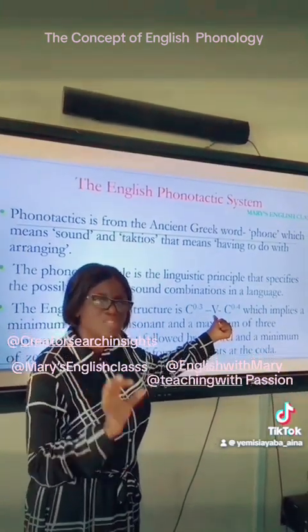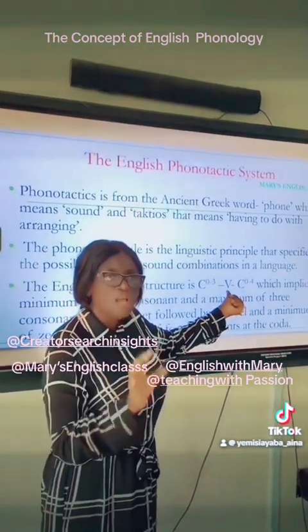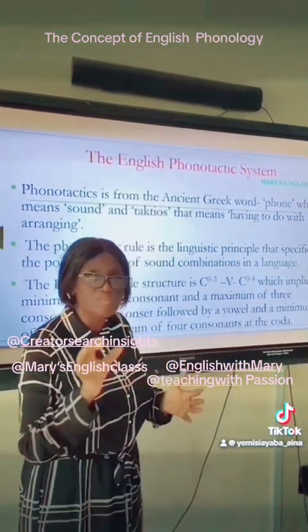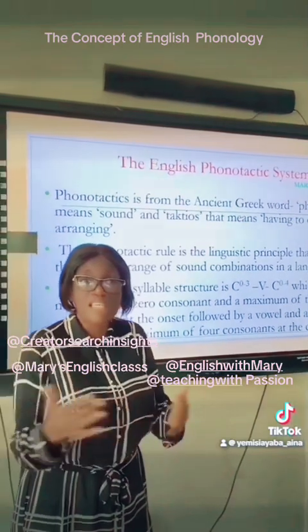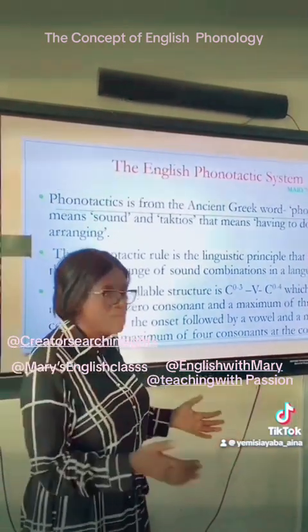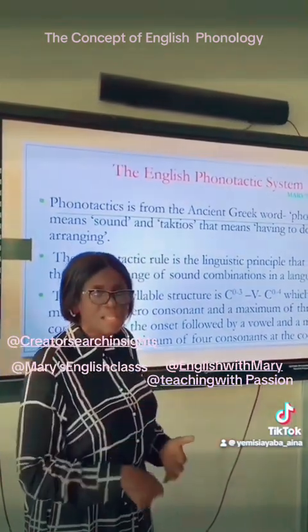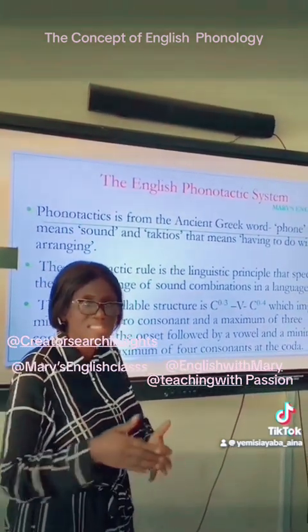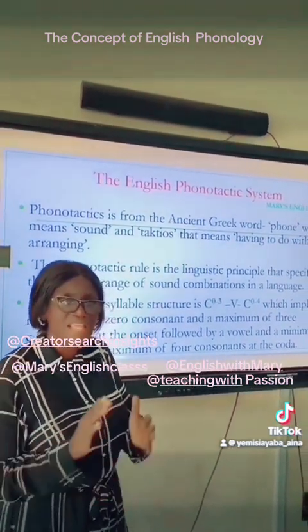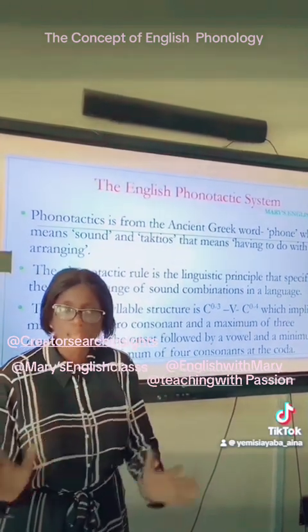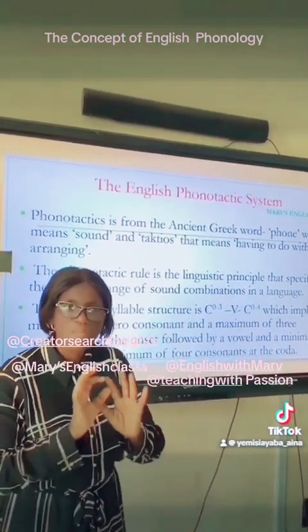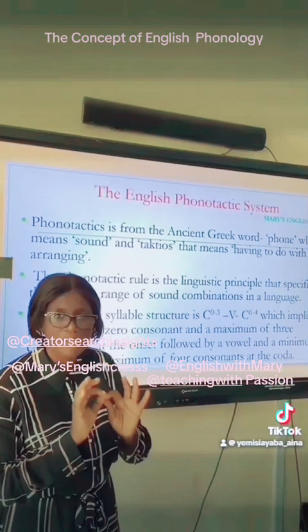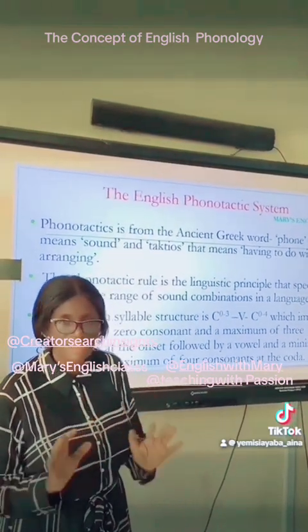Any syllable that does not have a vowel, we refer to as a syllabic consonant, as you have in tell, blood, hospital, stellar. So tell and blood are syllabic consonants because there is no mandatory nucleus or vowel there.